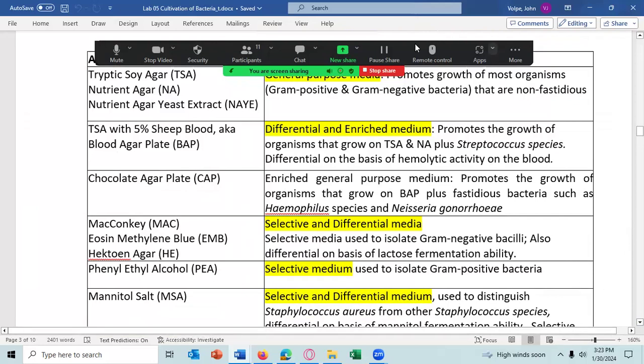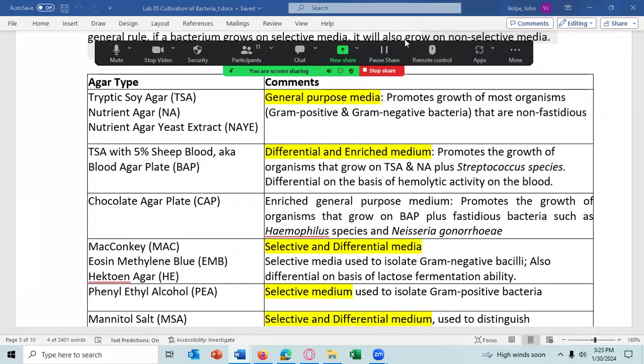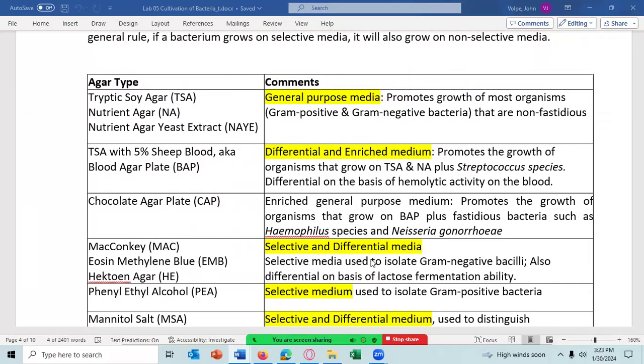The first is the general purpose media, including TSA or tryptic soy agar, NA or nutrient agar, or nutrient agar with yeast extract. This media promotes the growth of most organisms, but it does not promote the growth of a fastidious organism.